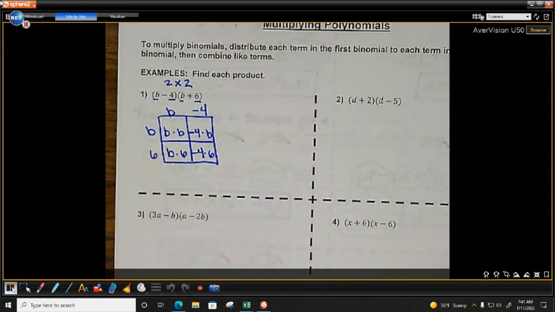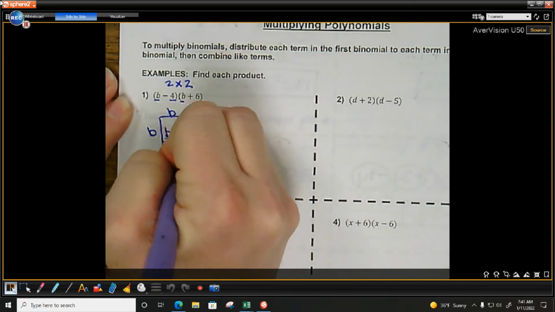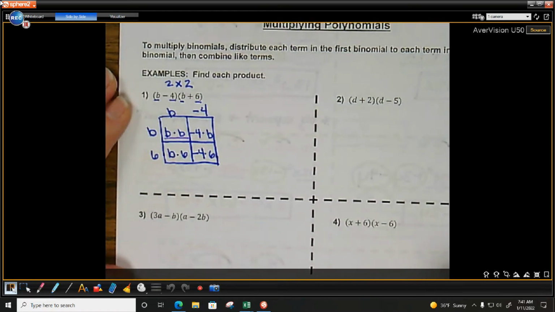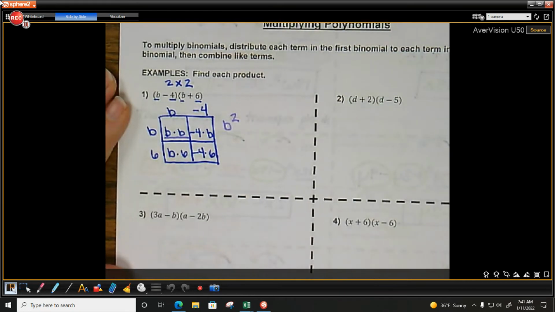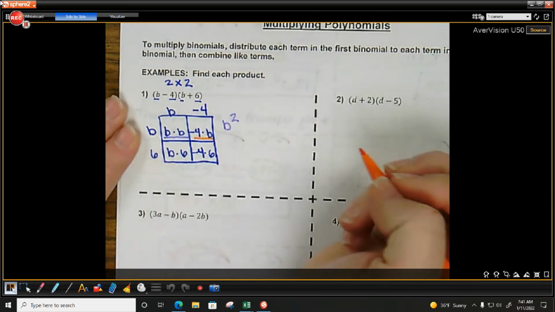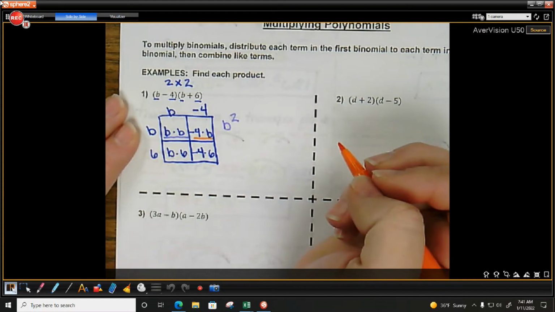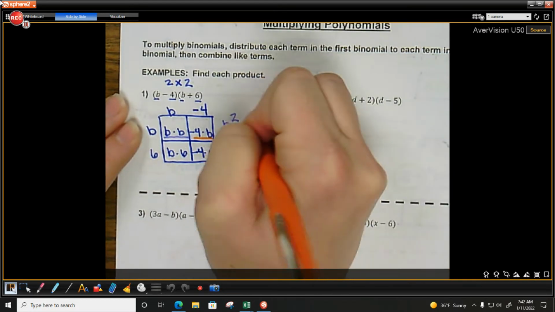We are now going to take the terms out of our box. What is B times B? B squared. B squared. BB gives you B squared. What's -4 times B? -4B.